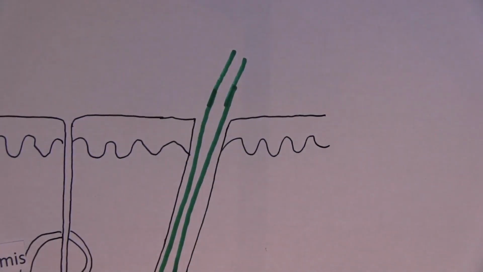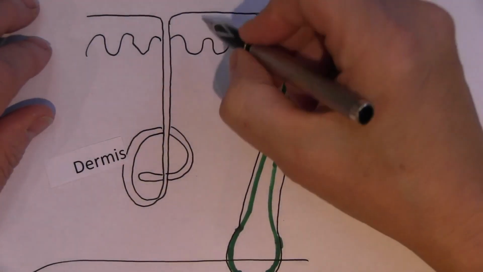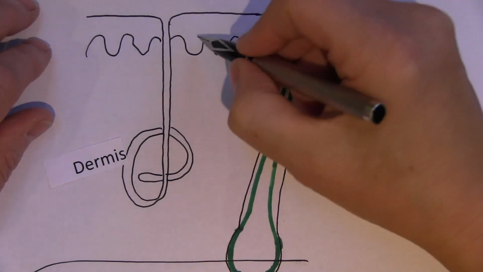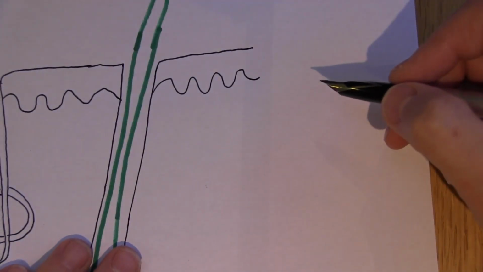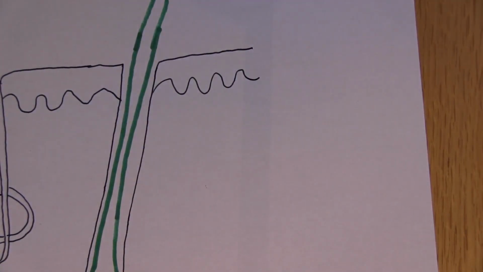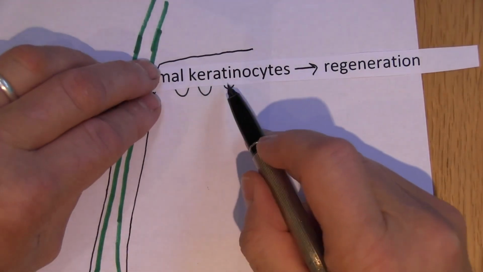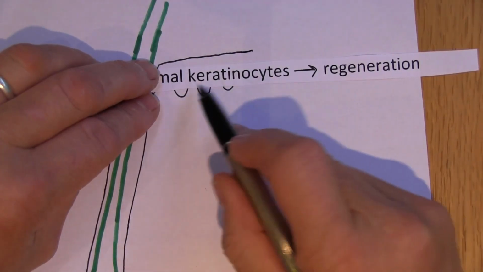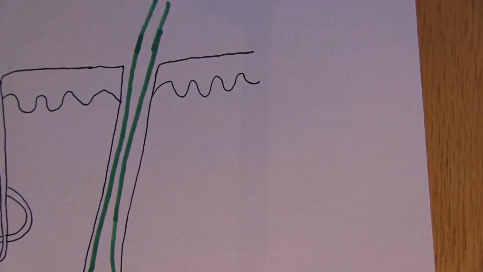But the key thing from the healing of burns perspective, and the healing of skin injuries, which is fascinating, is that these cells on the top, these are keratinocytes that form the epidermis. So the epidermis is made of keratinocytes. We notice the term there, keratinocytes, cells that produce keratin. So the epidermis is mostly keratinocytes.